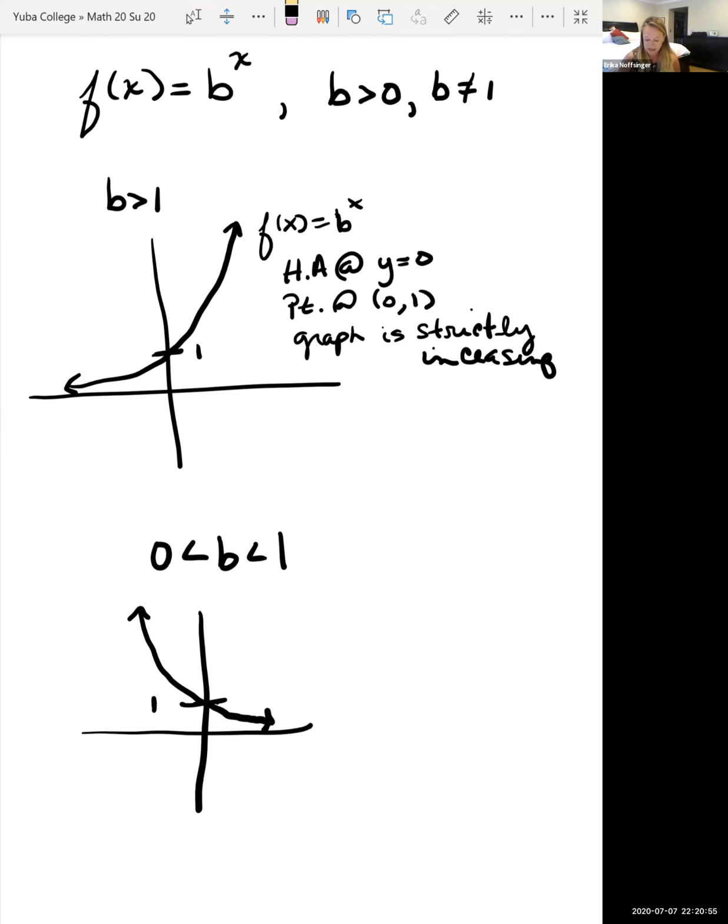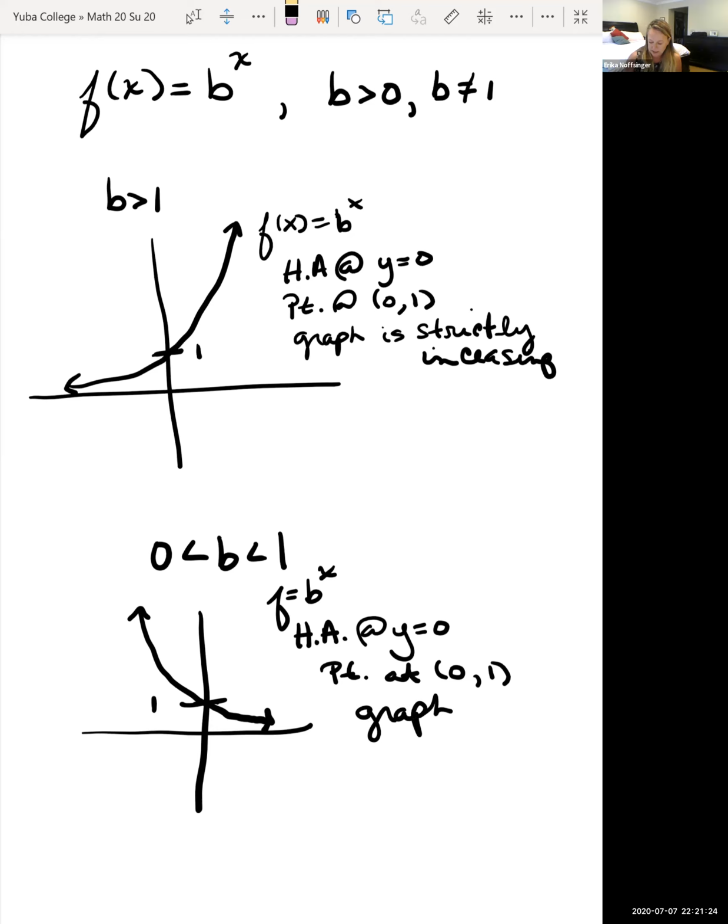And so same sort of idea. You have a horizontal asymptote. There's no value here that could give you your y value of 0. And you have a point here at 0, 1. So horizontal asymptote at y equals 0, and a point at 0, 1. This time though, the graph is strictly decreasing.